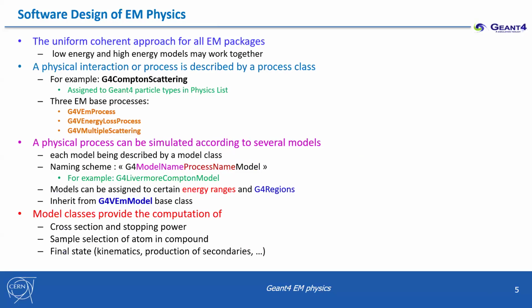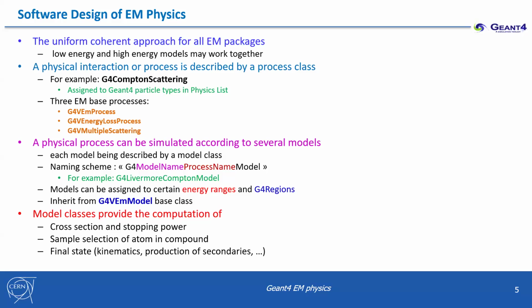How are all these electromagnetic processes organized? We come to coherent approach for all electromagnetic subpackages. And we need this in order to have situation when low energy and high energy models can work together. We have more or less common notation.